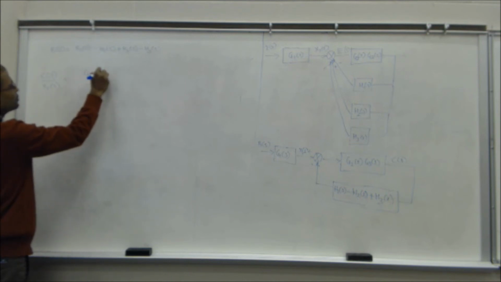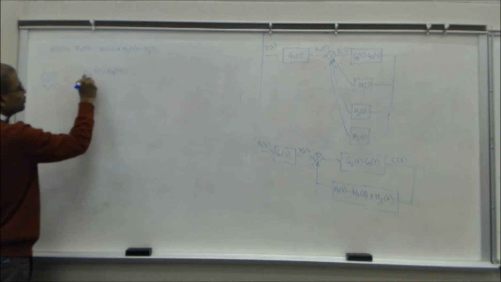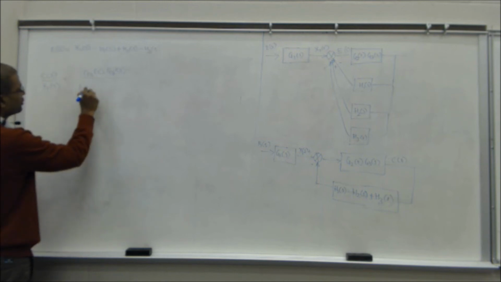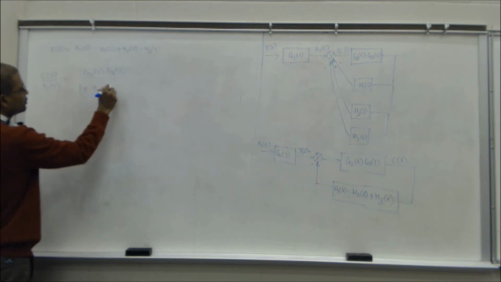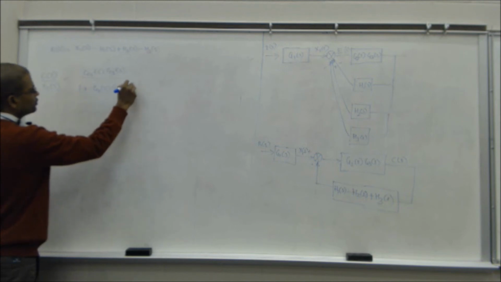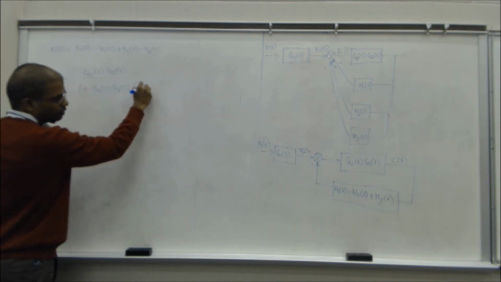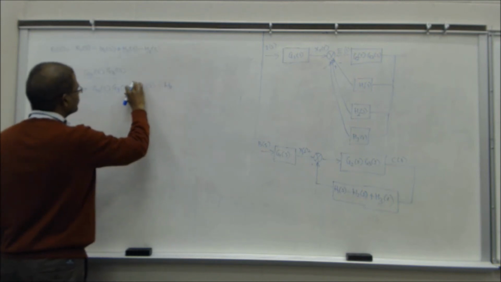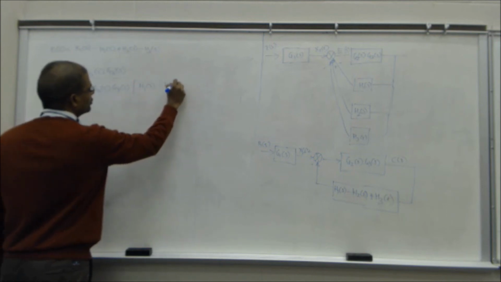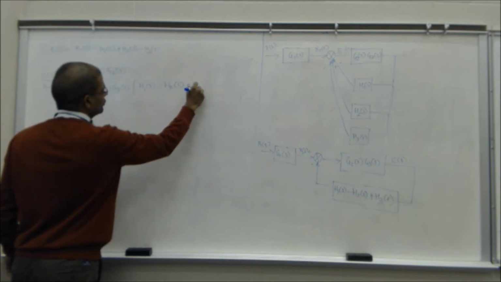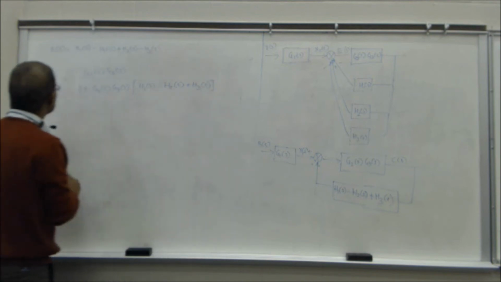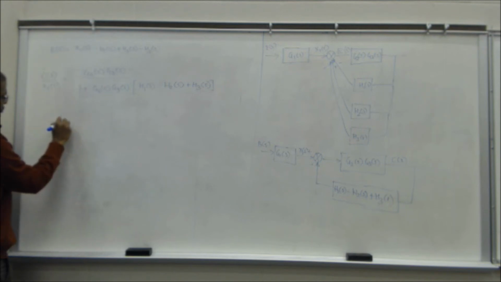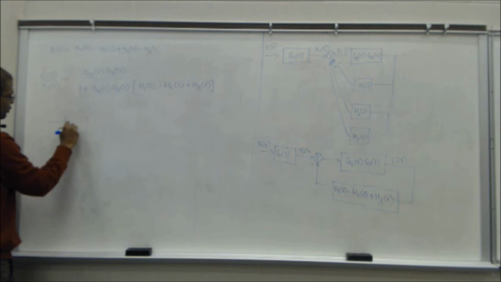G2 of s, G3 of s over 1 plus, since there's a minus over there, G2 of s, G3 of s into H1 of s minus H2 of s plus H3 of s. Okay. So I can write my G1 of s.